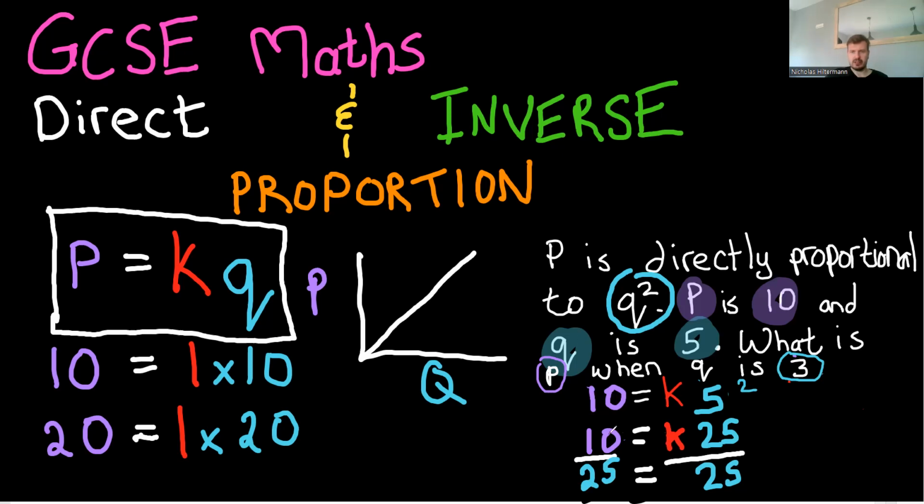So 10 over 25. We can stick that in our calculator, but if we times 25 by 4, we get 100, and 10 times 4 is 40. So 40 over 100 would give us 0.4. So our answer for K would be 0.4.